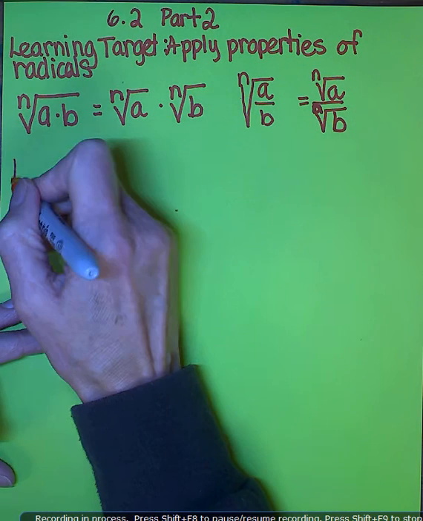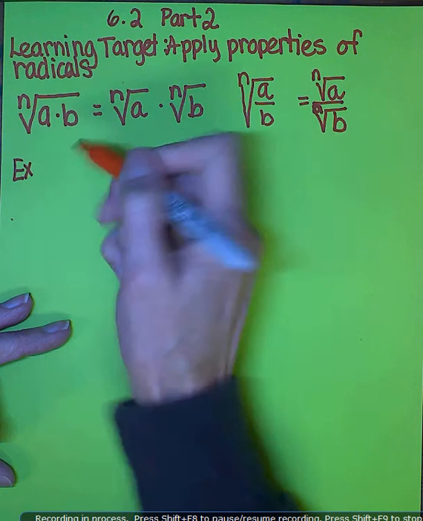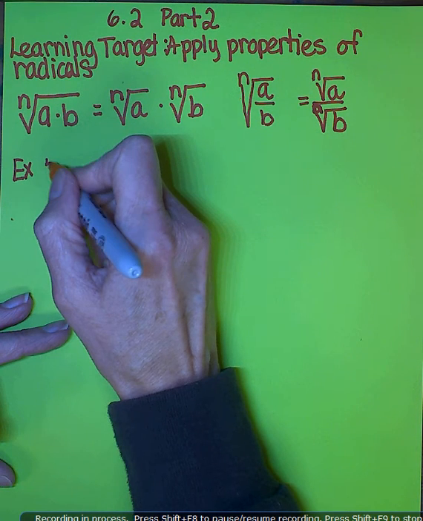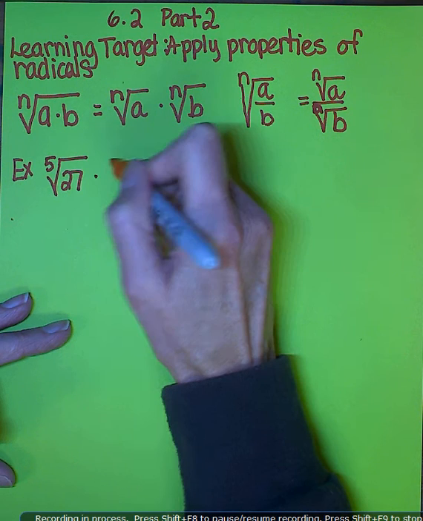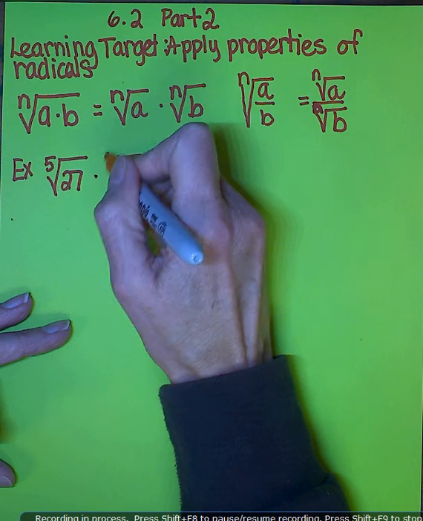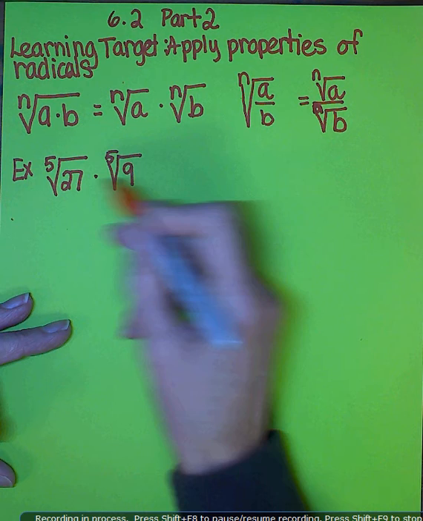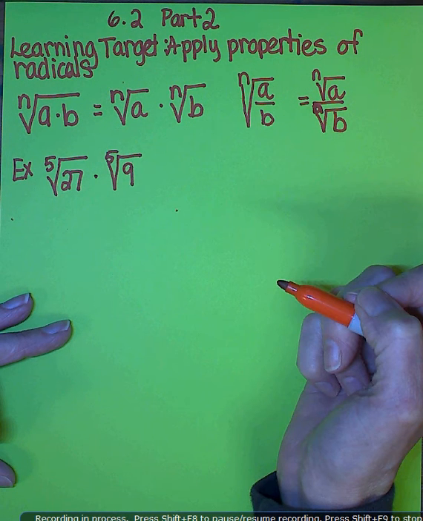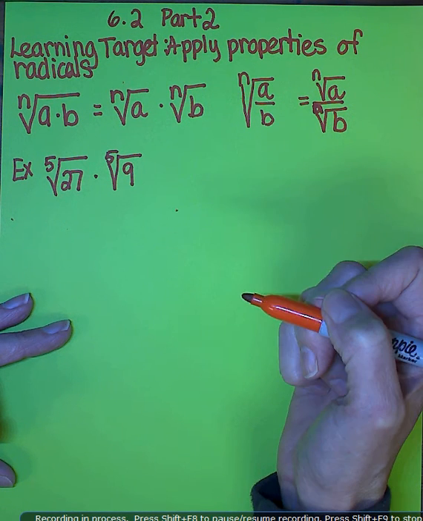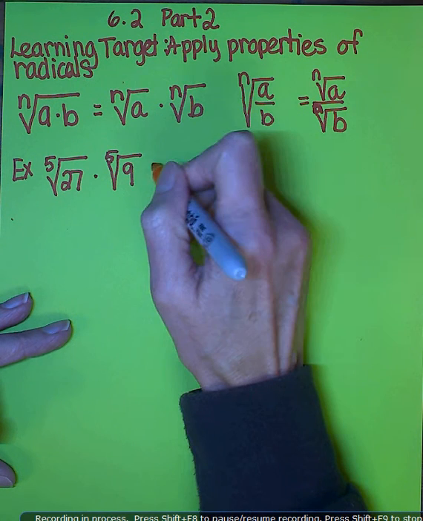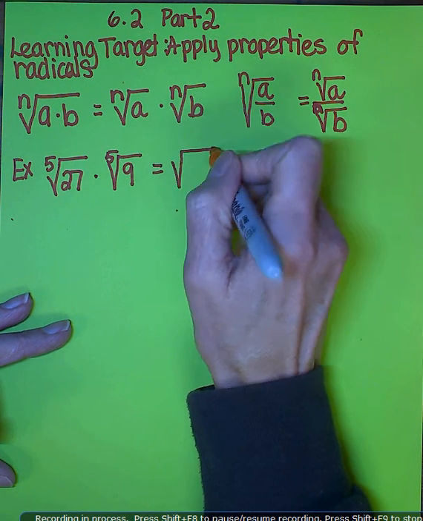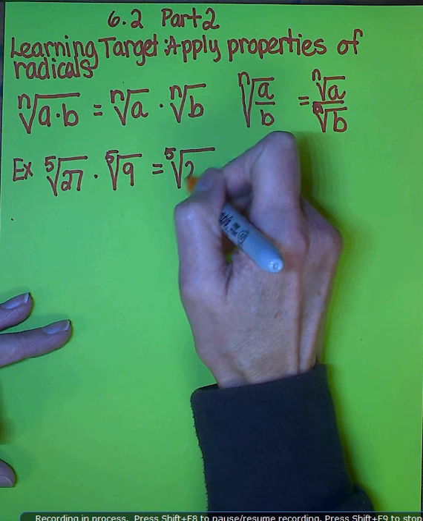So let's do some examples. So if I have the 5th root of 27 times the 5th root of 9, neither one of these numbers has a whole number answer. They would have decimal answers. So I'm going to try to put them together and see if that would help me.